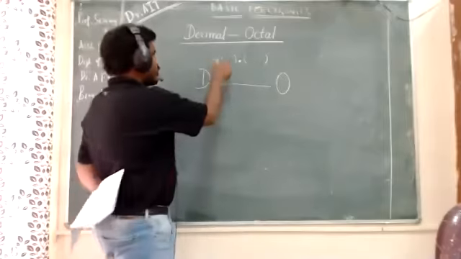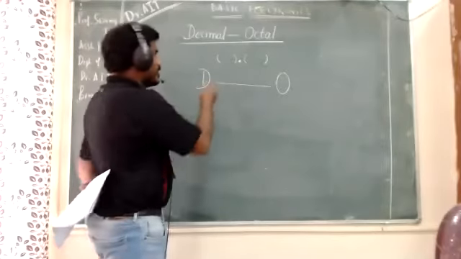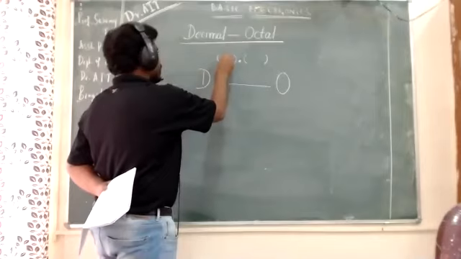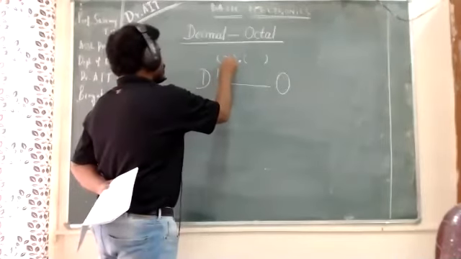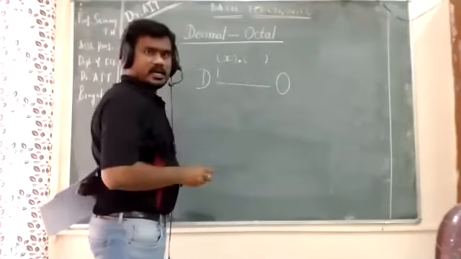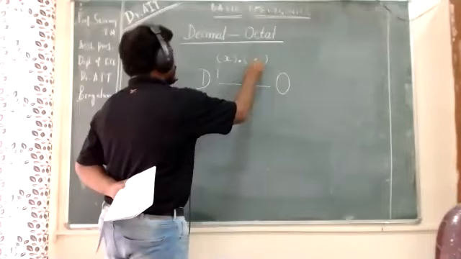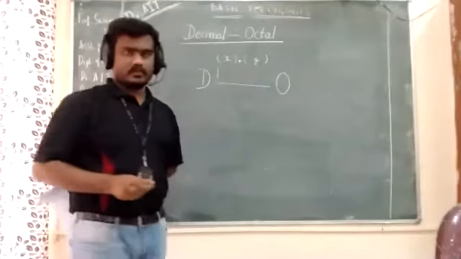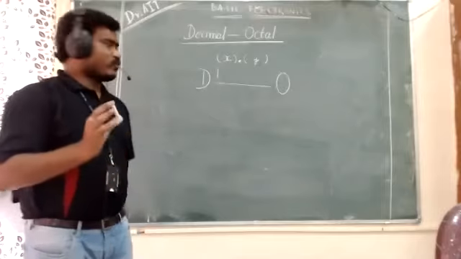If there is a number before this decimal point, you have to divide this number. Let me assume that here we have a number x and here we have a number y, that is x dot y, and this is a decimal number. And what is the procedure?